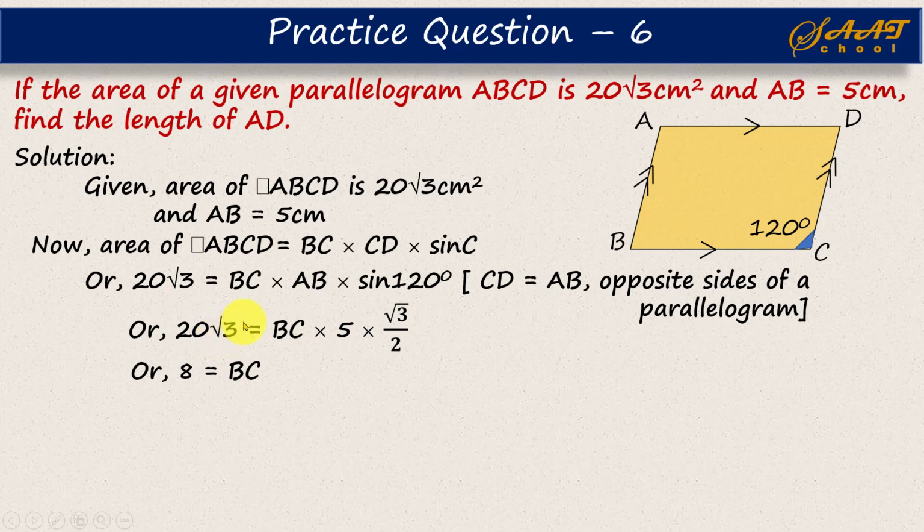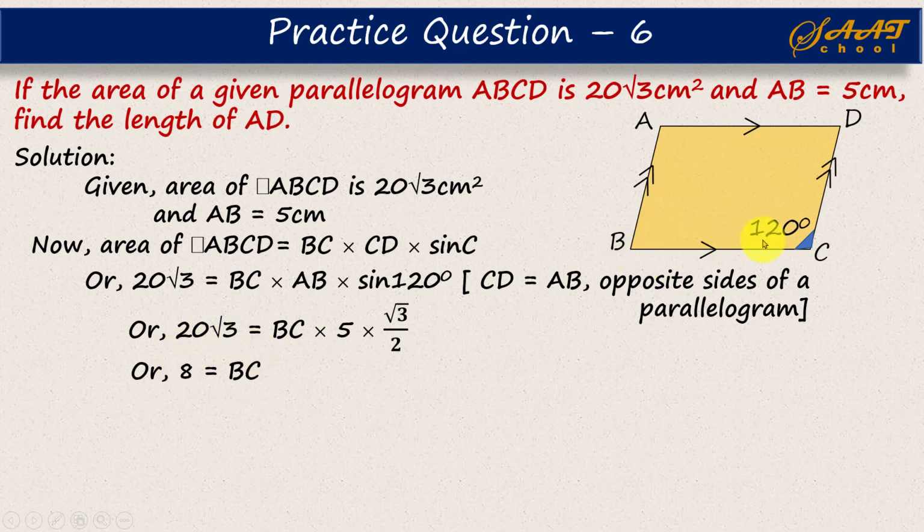This 20 is divided by 5, which will be 4. And when you cross multiply this 2 and 4, that is 8. So when you simplify, you get 8, meaning we have BC is 8.